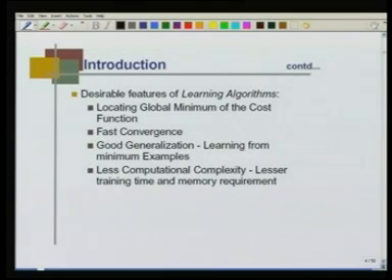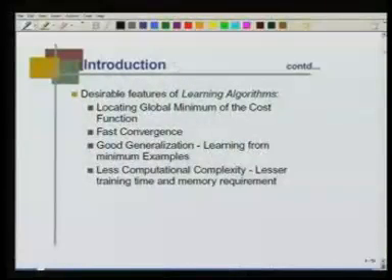So, I take minimum examples and the network is provided with minimum examples, and from that if the network can extract the map of the entire data that is there in input output space for that specific domain, and the prediction is pretty nice, then that is a good generalization.